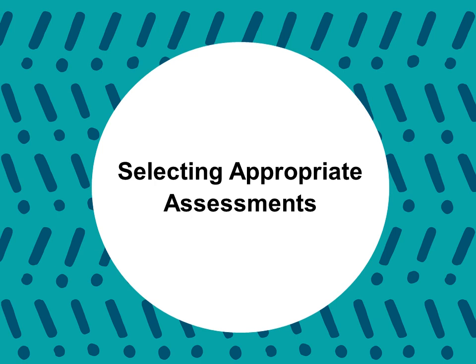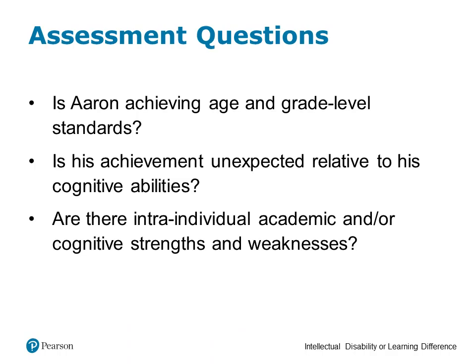So when you think about the appropriate assessments, there are certain specific questions that you're going to ask yourself. First of all, you want to be able to confirm what the teacher's reporting, that he might in fact be achieving below expected levels when you look at age level standards and grade level standards. So one of the questions that you want to ask and select assessment tools to answer would be whether or not he's achieving age and grade level standards. And then you want to think about his achievement relative to his abilities.